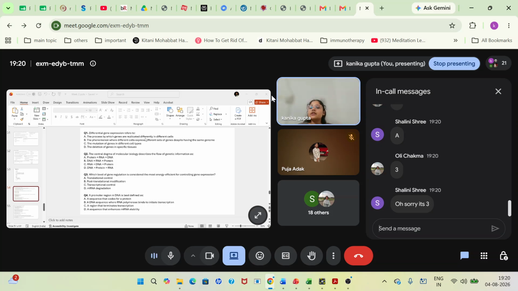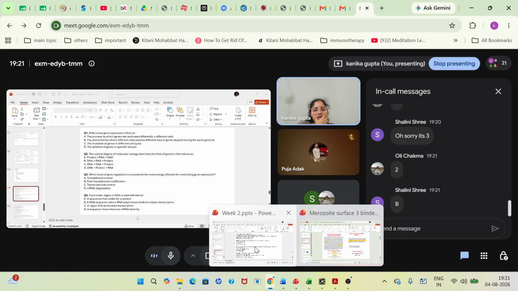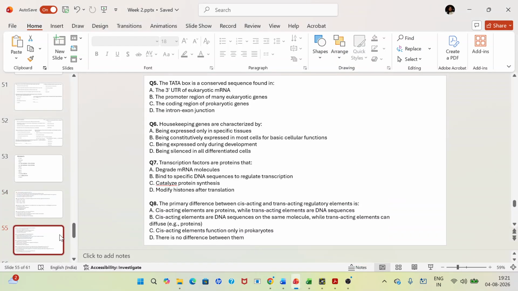Next question: a promoter region in a DNA is best defined as. Yes, a DNA sequence where RNA polymerase binds to initiate transcription. Okay? So that is what defines a promoter. Next question.